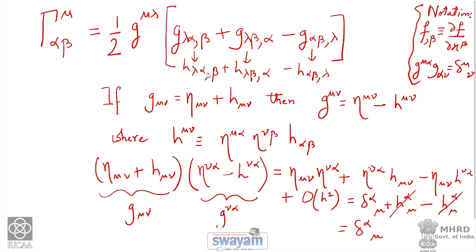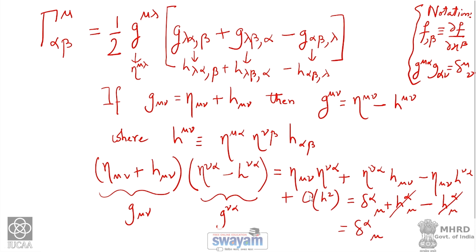So, if I include h mu nu, those will only make a quadratic correction. Therefore, I just have to retain eta mu lambda, because the other term will only give you a quadratic correction.